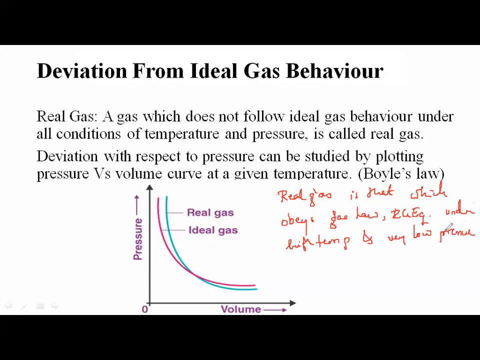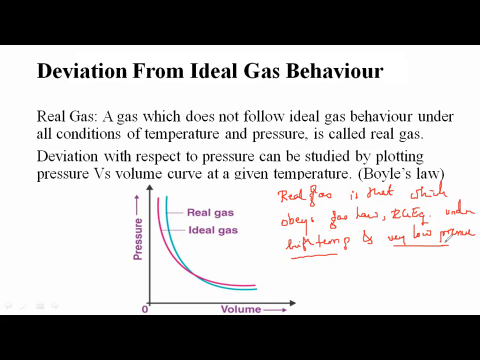Under very high temperature and very low pressure, the real gases behave like ideal gases. So only at these two conditions do the real gases behave like ideal gases. Otherwise, at any other conditions of temperature and pressure, real gases will not behave as ideal gases.